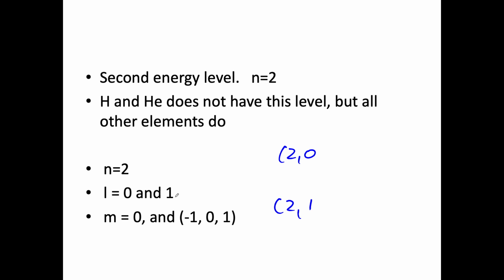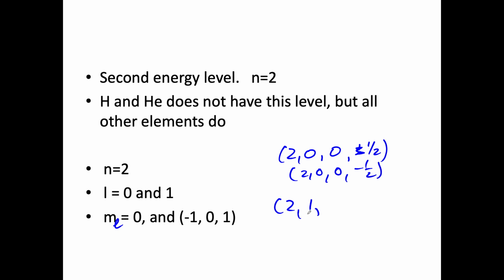That's not allowed. For l equal to 0, m sub l is equal to 0. Then we have two electrons, 2, 0, 0, positive 1/2 and 2, 0, 0, negative 1/2. So we have two possible quantum numbers.